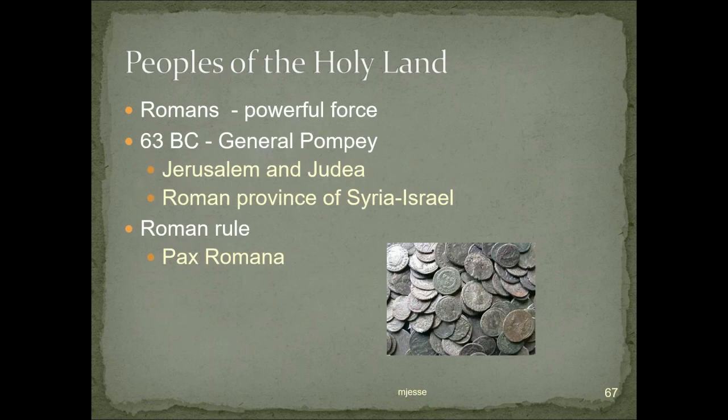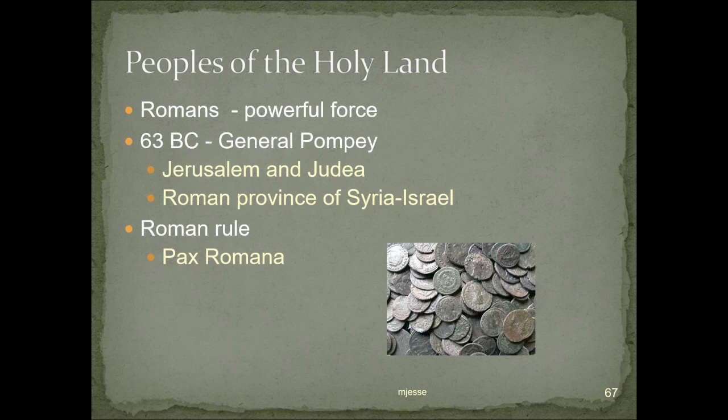We now have the Roman rule of Israel. It begins in 63 BCE with the general Pompey entering into Jerusalem. So Judea now becomes part of the Roman province of Syria-Palestine. There are many benefits from Roman rule.